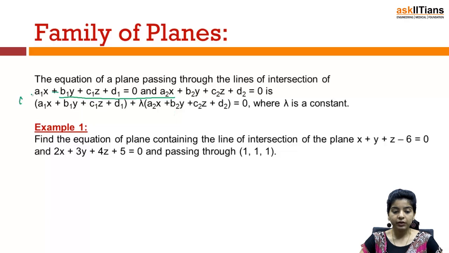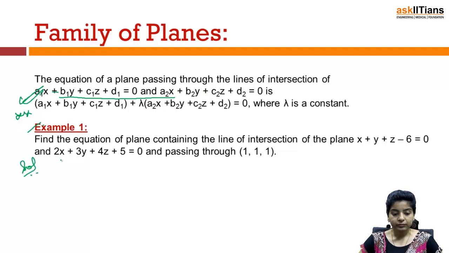This is an important thing. Now we'll discuss an example and the thing will be much clearer. Find the equation of plane containing the line of intersection of the planes x plus y plus z minus 6 is 0 and 2x plus 3y plus 4z plus 5 is 0 and passing through 1, 1, 1.